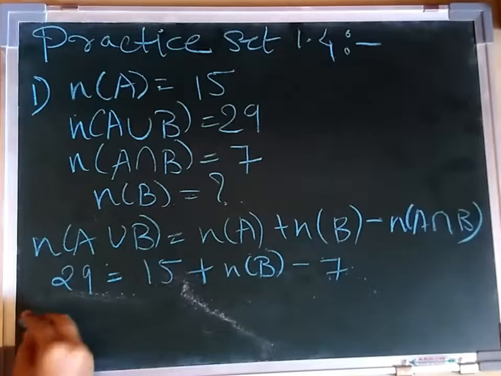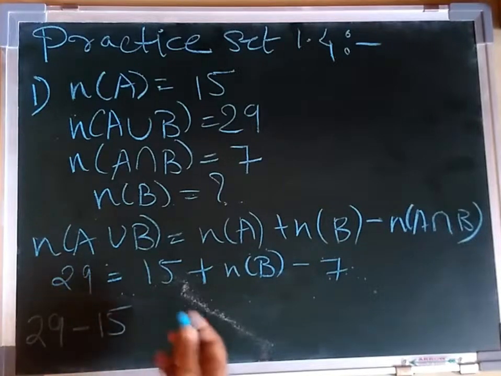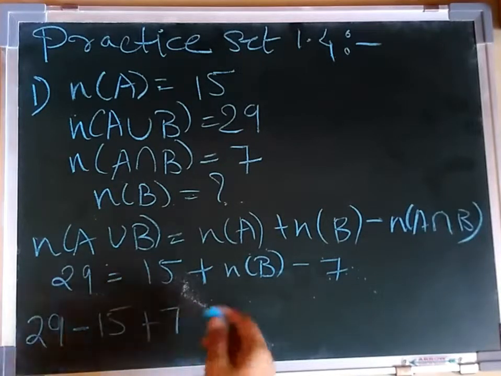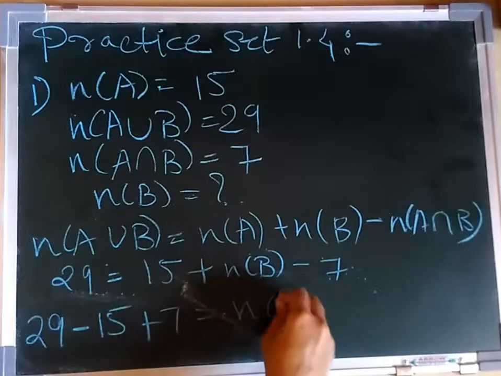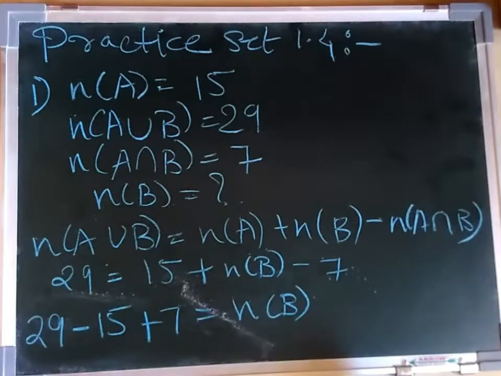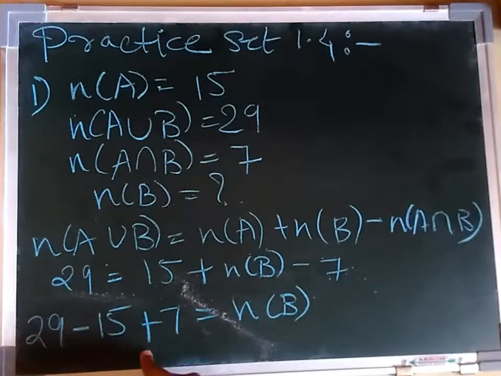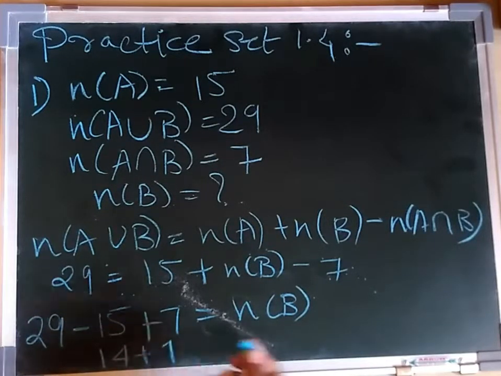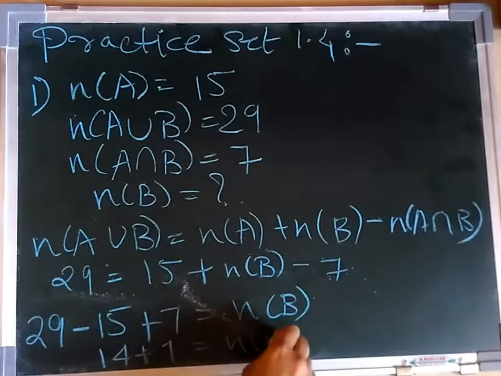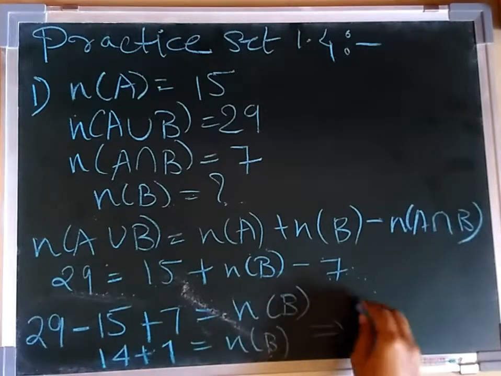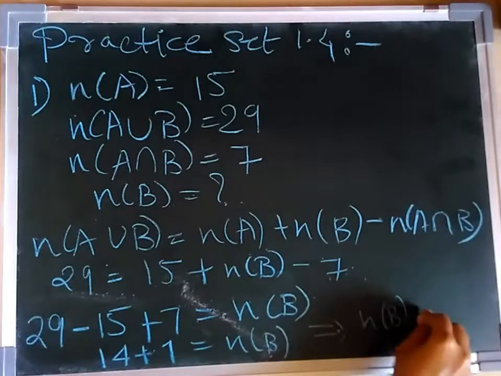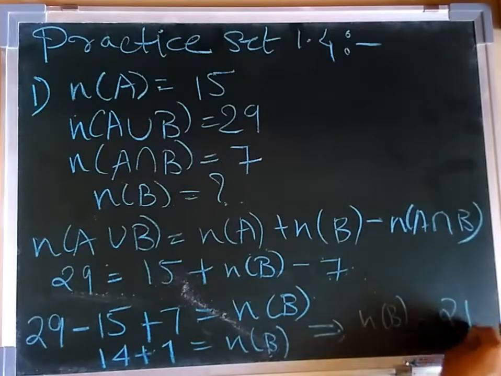Take the other elements to this side, that is 29 minus 15 plus 7 is equal to N of B. Thus we arrive at this 29 minus 15 plus 7. What is 29 minus 15? 14 plus 7 is equal to N of B. So N of B is equal to 21.